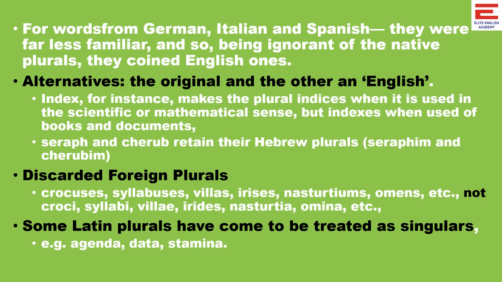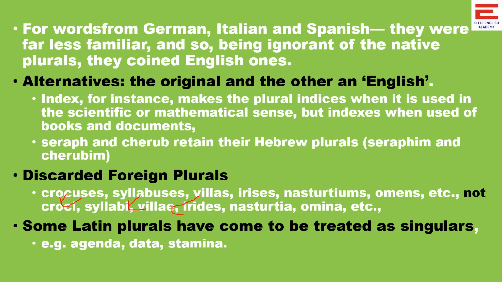Actually, the original plural of these words in their native language: crocuses plural is croci, syllabuses plural is syllabi, and villas plural is villae, then irises, irides. So we completely ignore the foreign plurals, whereas English plurals are created.